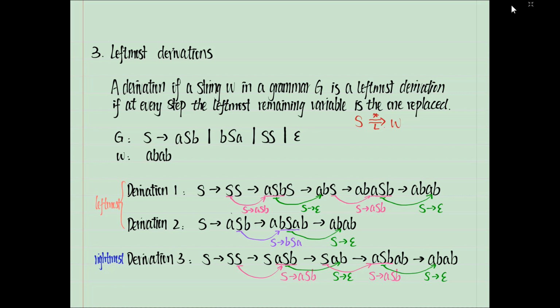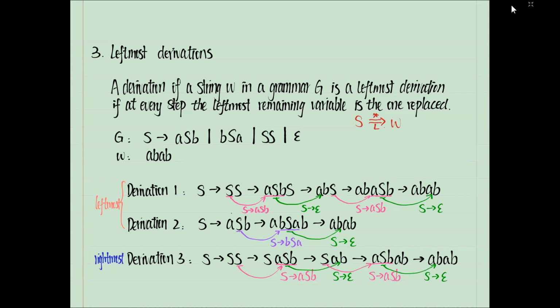And that variable is the leftmost one, and it's expanded by S to epsilon. So we have the resulting string ABAB. These two derivations are leftmost derivations because at each step of the derivation, we expand the leftmost variable.